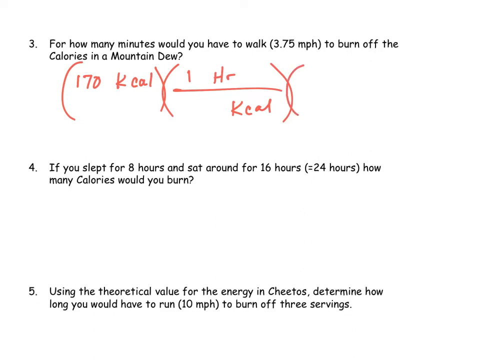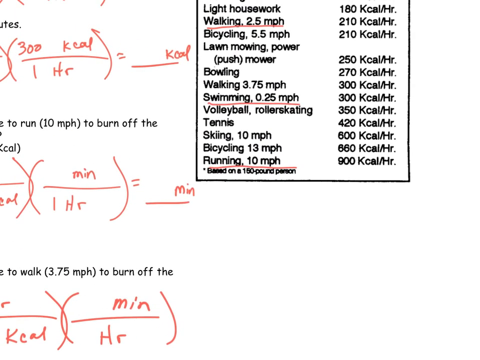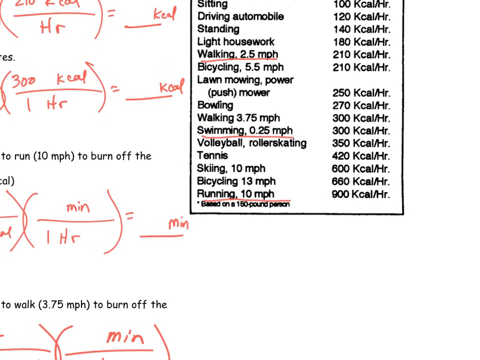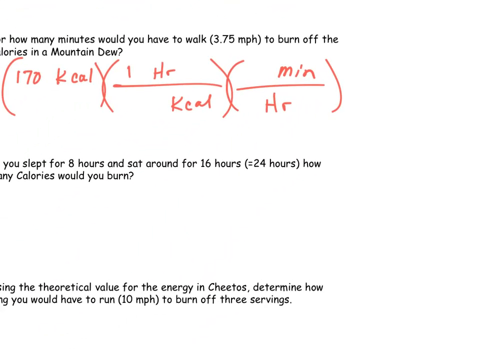And then we want to convert that into minutes, so we'll have to have a conversion into minutes. The kilocalories per hour for walking 3.75 miles an hour, let's see what we got here. That's 300 kilocalories. And we'll now end up in minutes.